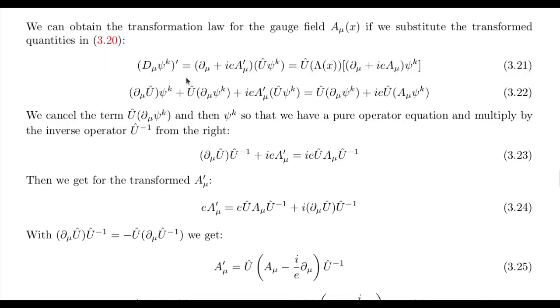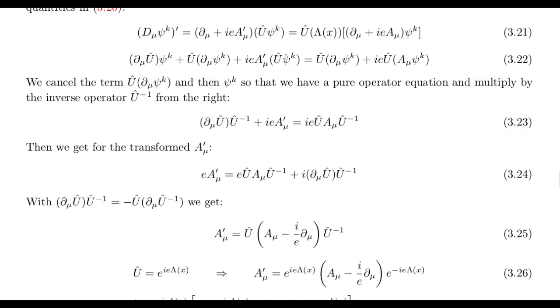This is the transformed covariant derivative, with A prime, and this is a transformed psi function. Then that must be equal to this: the original wave function with the untransformed covariant derivative, and this is transformed by applying the unitary operator. Okay.